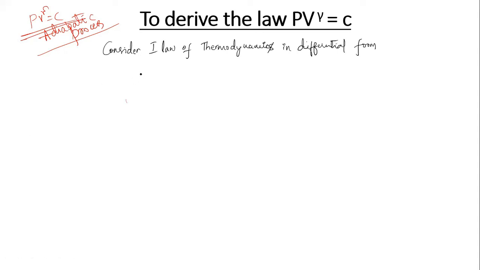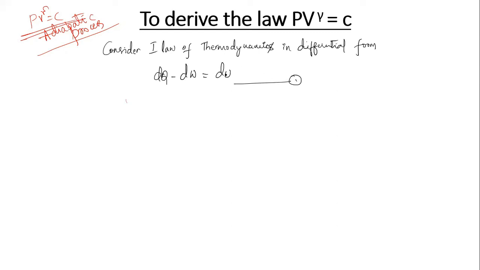What is that? Q minus W is equal to U2 minus U1. That I will write as dQ minus dW is equal to dU. This is the first law of thermodynamics. Let me write it as equation number 1.